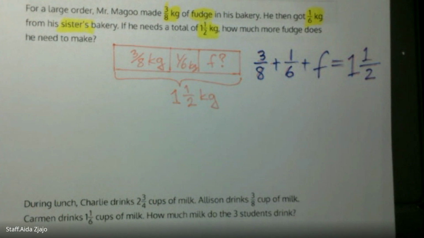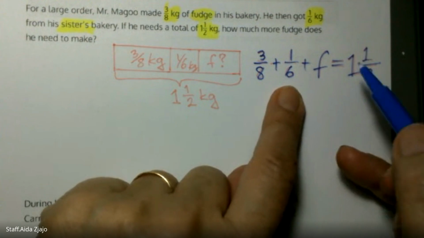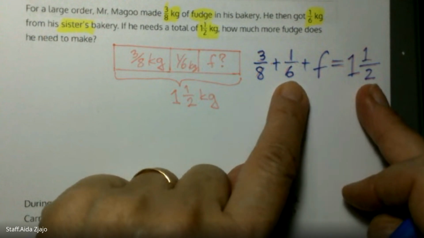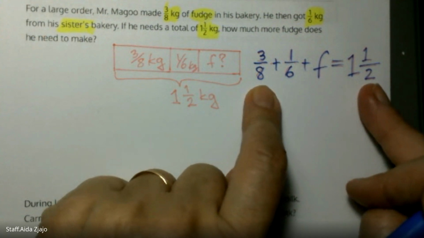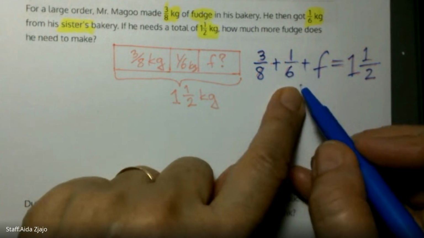So let's think about this first. If we find the least common denominator for the half, 6, and 8, then we can add these together.